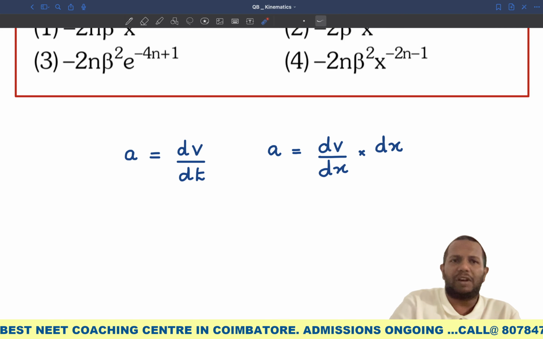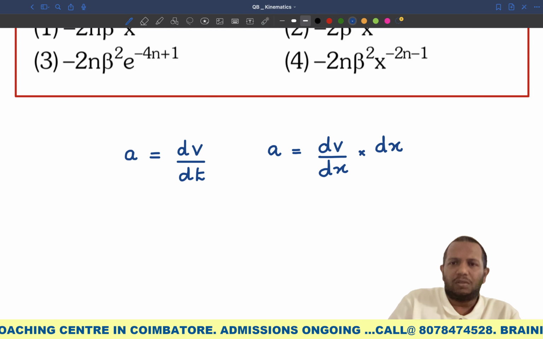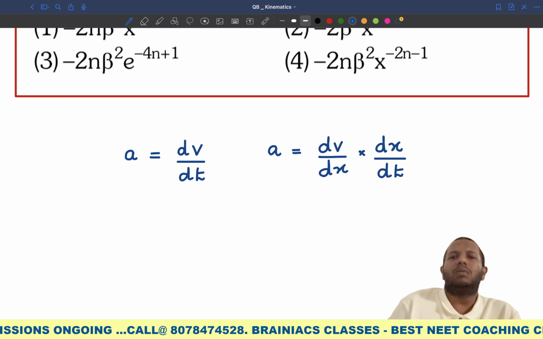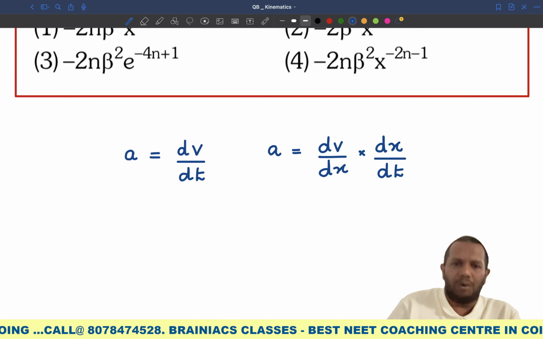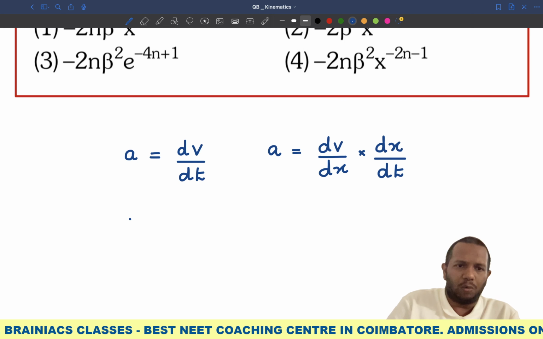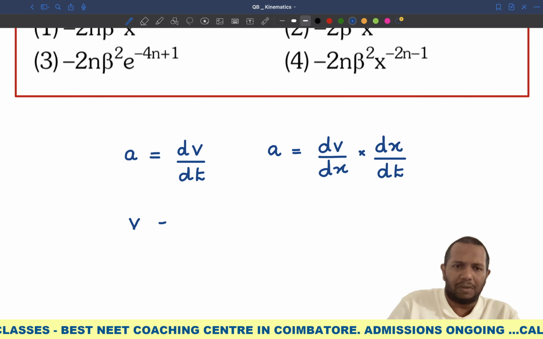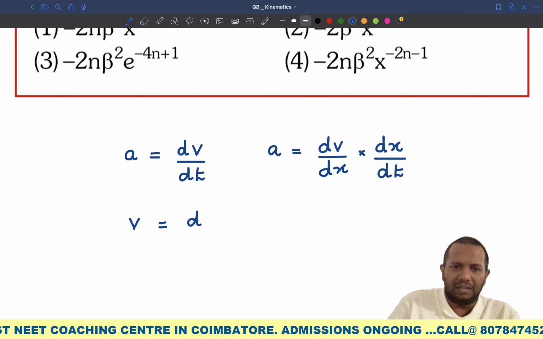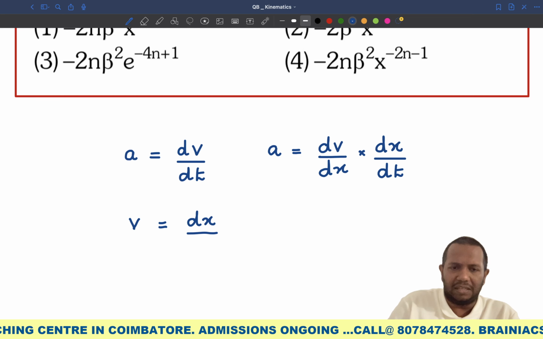So I am introducing dx in both parts. What is happening here? dt is present as normal. Now this dx by dt, we already know what it is. We know that velocity is given by the fundamental equation dx by dt.